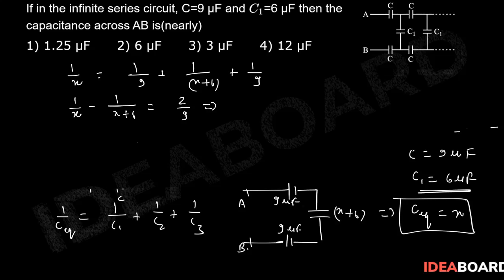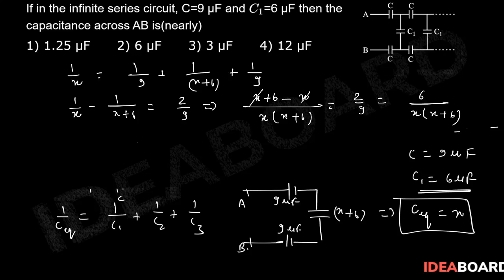So here we can take the LCM X plus 6, this will give X plus 6 minus X only. This will be 2 by 9, correct? So this will be cancelled out. We are getting 6 divided by X plus 6.